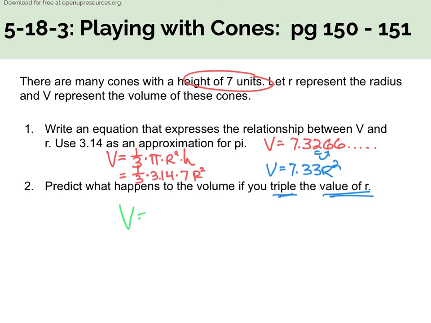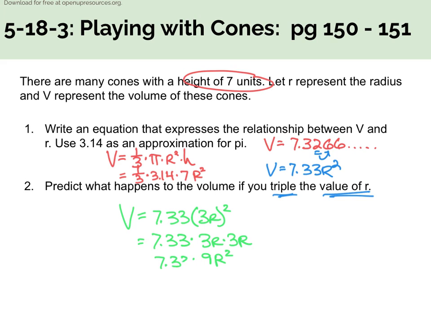We're going to have our volume equals 7.33. Our r is going to be 3r squared instead of just r squared. So again, that's 7.33 times 3r times 3r, because it says take that and multiply it by itself twice. 3 times 3 is 9. r times r is r squared.